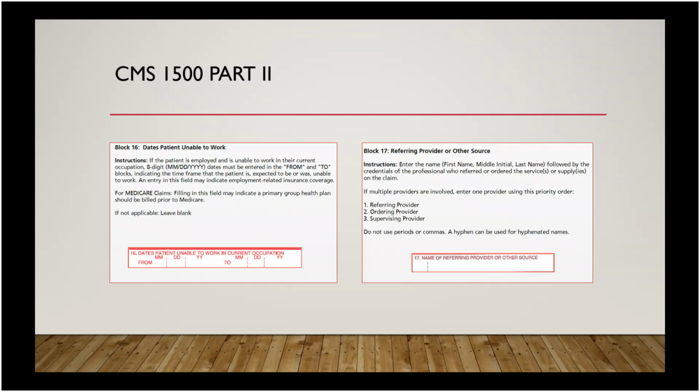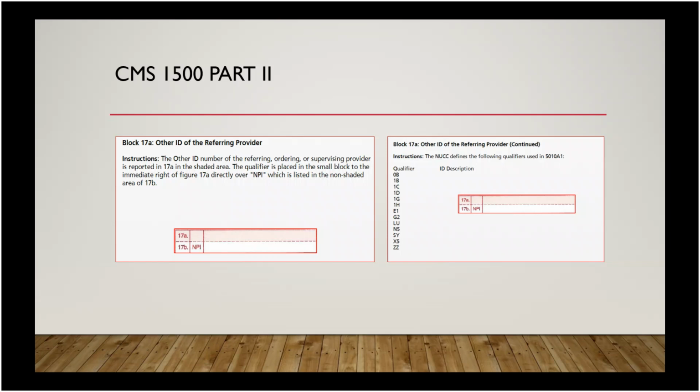So this is going to be opposite of what you normally do. If multiple providers are involved, enter one provider using the priority order: referring, ordering, supervising. You would actually have to have a separate claim form for each one of those. And again, do not use punctuation.